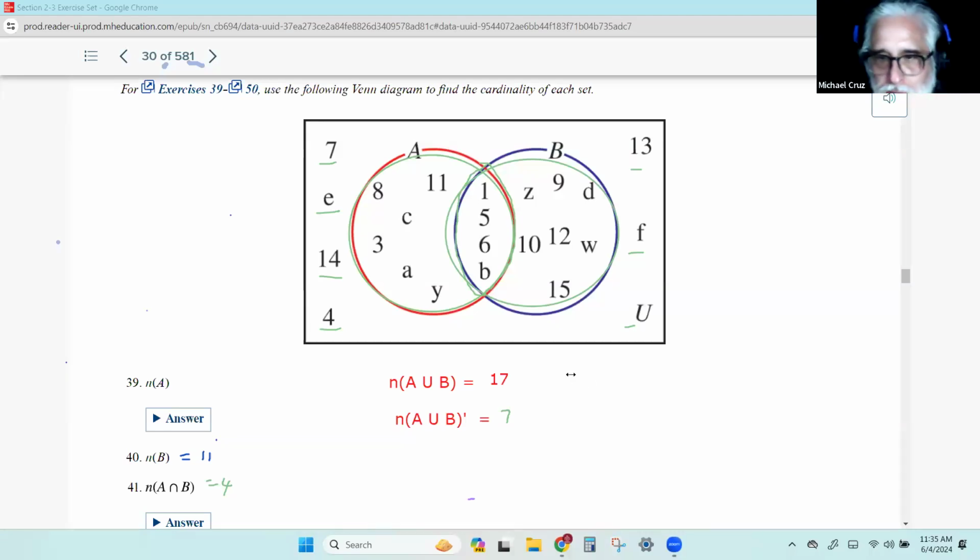All right, let's try this. I'm going to come back and put that in. But this is again the complement. So that's the complement.